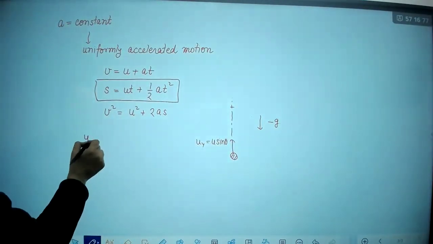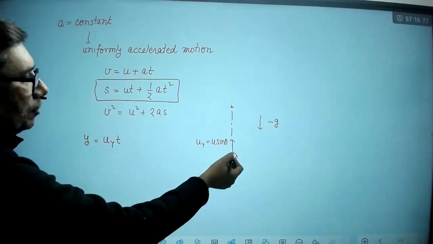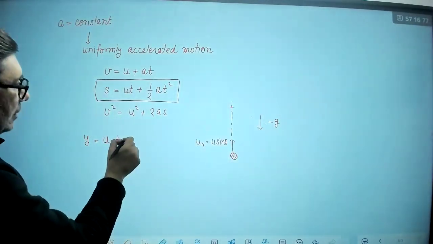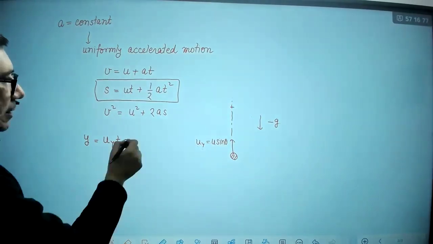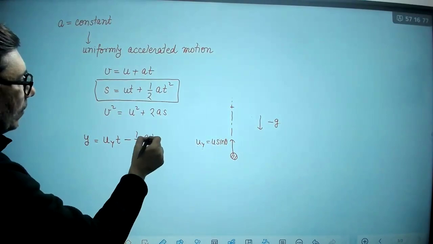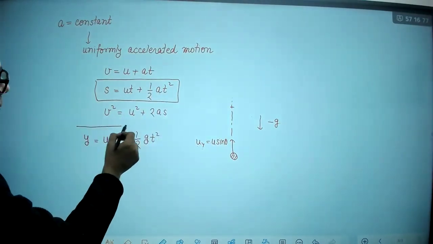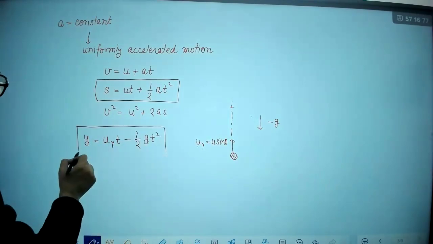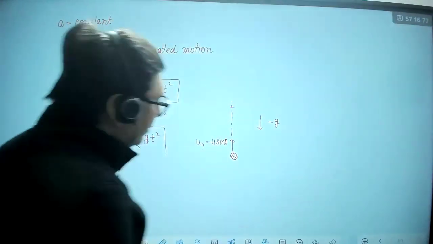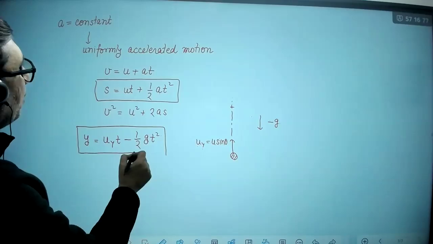This will be y equal to uy into t, because velocity is in this direction and acceleration is in the downward direction, so this is a decelerated motion, minus 1 by 2 gt square. So in place of a, I am writing minus g. Is it clear now? Yes, sir. So this is the equation that I am using.